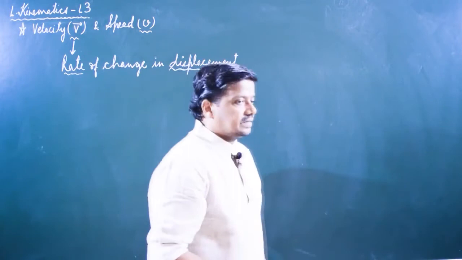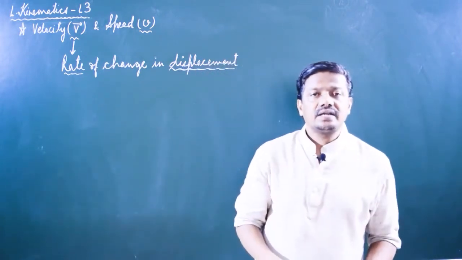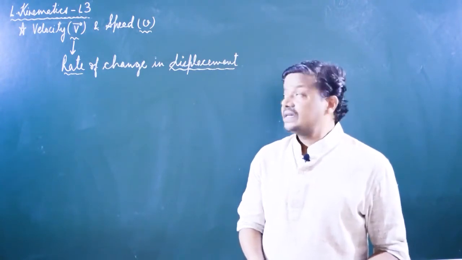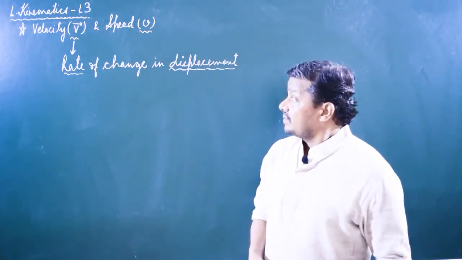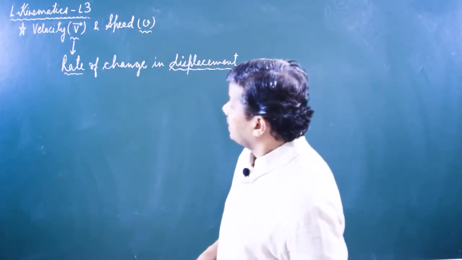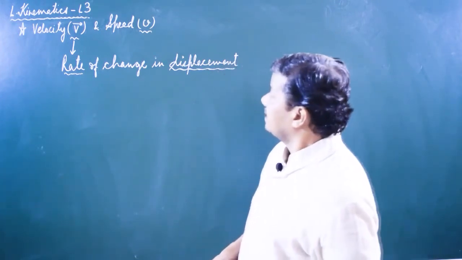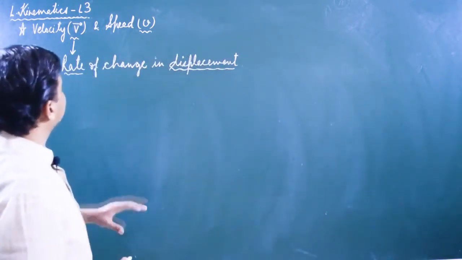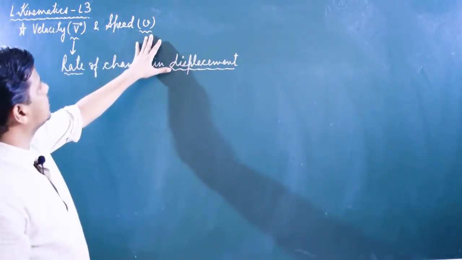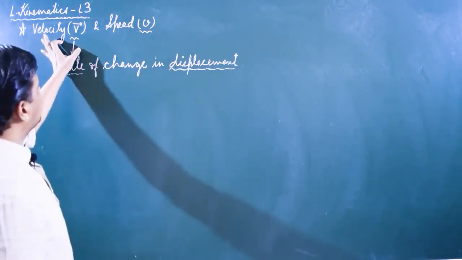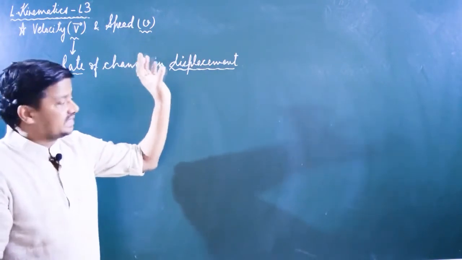In the differentiation application we have discussed the rate of change in a physical quantity. A rate of change in the displacement is velocity. Similarly, a rate of change in the distance will be called speed. The difference is that velocity is a vector quantity and speed is a scalar quantity.